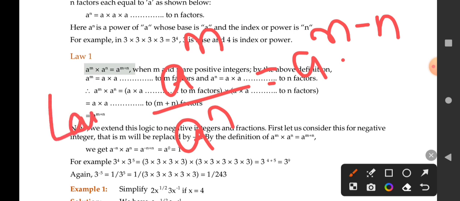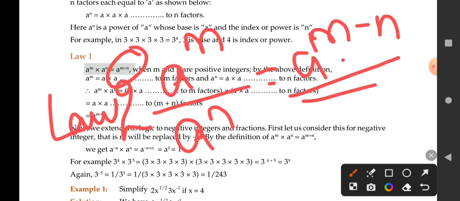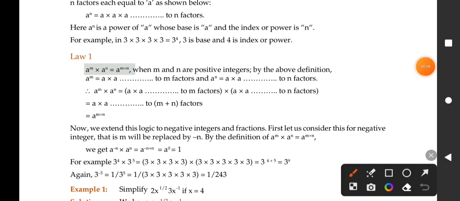This is law number 2. Let's stick with these two laws, a power m plus n and a power m minus n, and let's take some examples and try it out, whether these laws work or not.